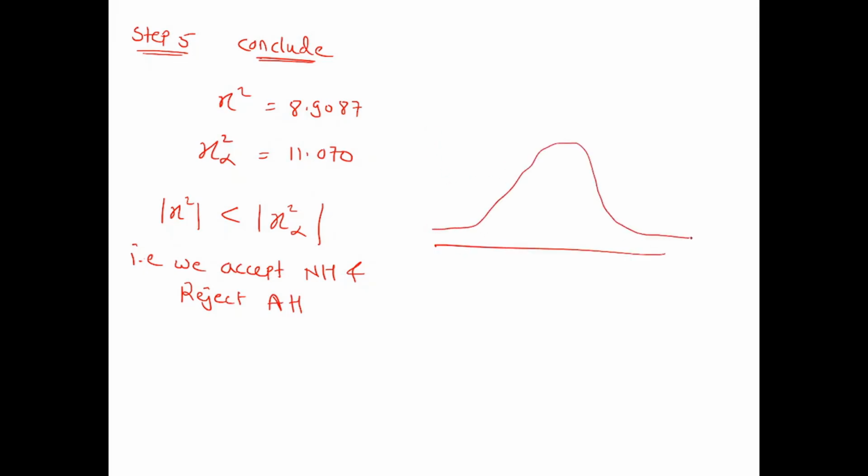If we consider the distribution, and assume that this value is chi-square alpha, then this region is the level of significance and this is the acceptance region. Now, if the calculated chi-square is smaller than chi-square alpha, it means that the value lies somewhere in this region.